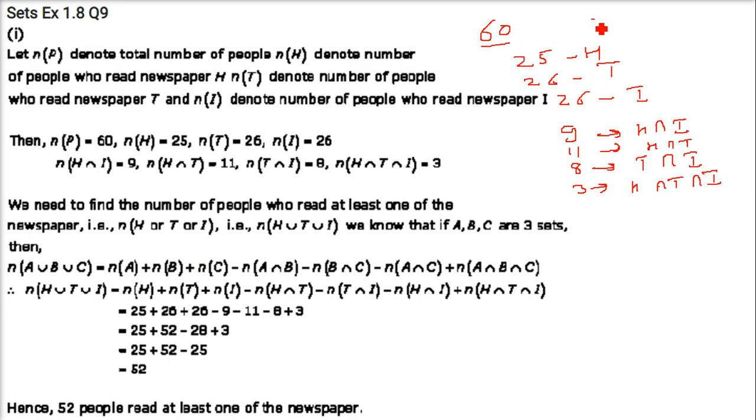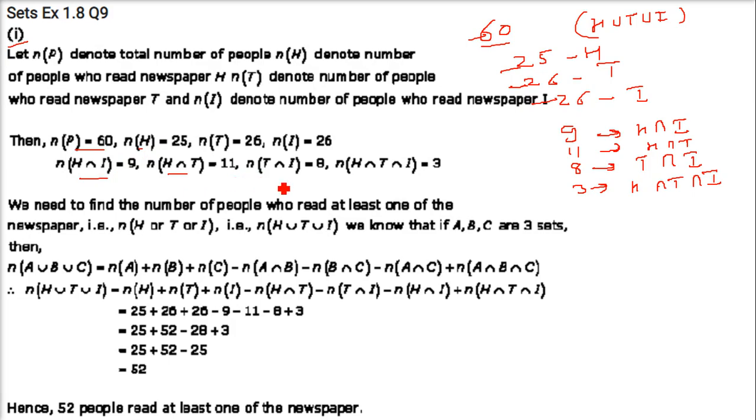So here we have to find H union T union I, that is, how many people read at least one of the papers. So we have n(P) as 60, n(H) 25, n(T) 26, and n(I) 26. All these are known, and these intersections are also known.